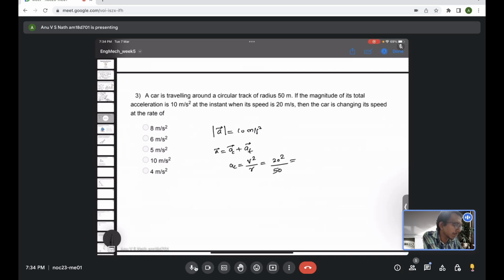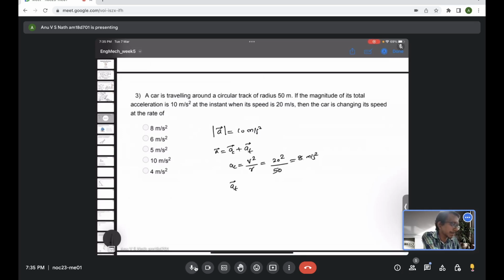So it's 400 by 50, which is 8. So this is 8 meter per second square.